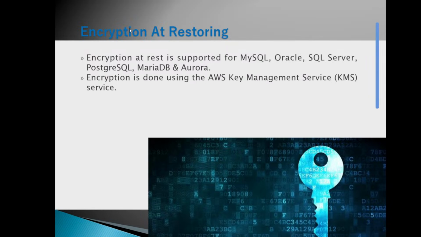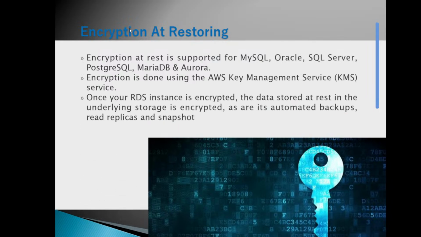Encryption is done by the AWS managed key service, KMS. Similar to what we have learned previously, you can create a key and pass the key to encrypt your data.